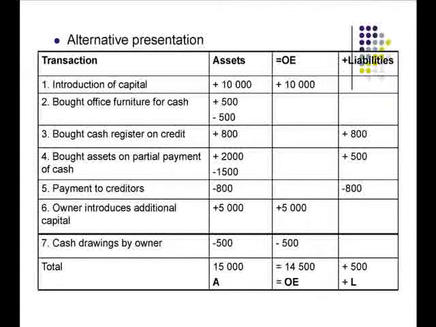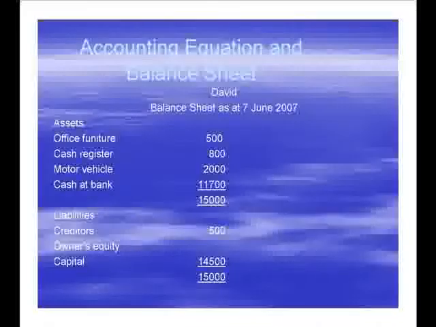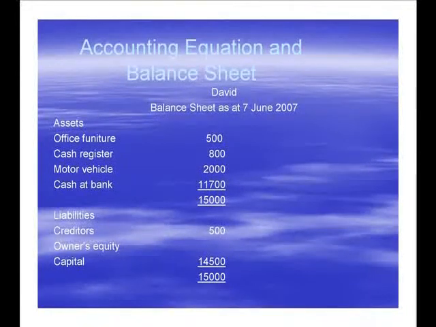Now, at this stage, if you add all the assets, the total assets will be 15,000. And owner's equity 14,500. Initially he introduced 10,000 and later on 5,000 and withdrew 500. Therefore, owner's equity on this date is 14,500.